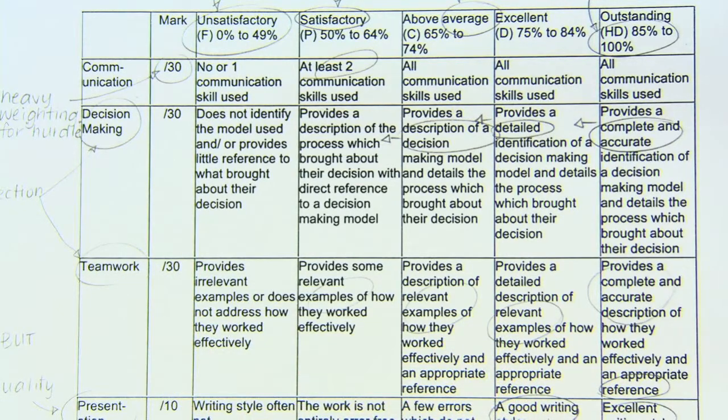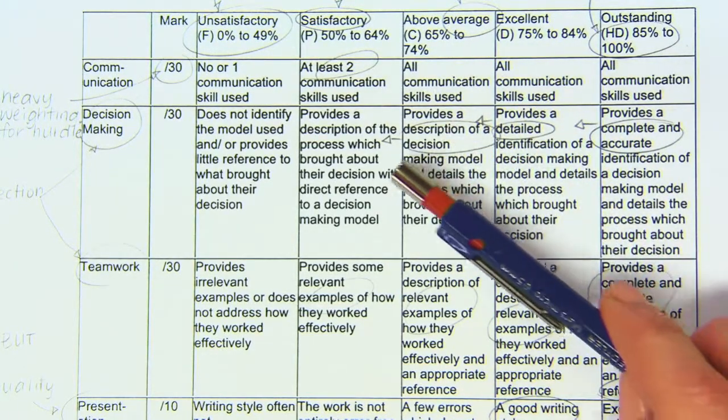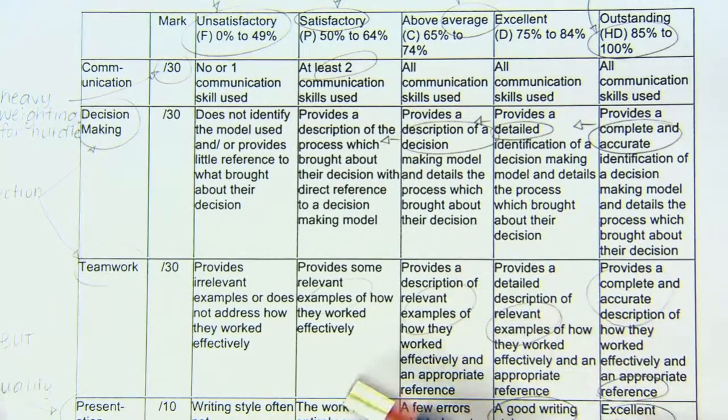So that criterion is a quality of the work, completeness and accuracy. And then as you go down the standards here, you would have increasing or decreasing levels of completeness and accuracy as your descriptors. Okay?